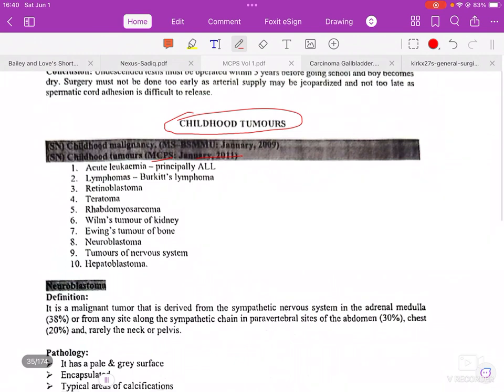These all are childhood tumors. It is commonly said as 'oma'. Lymphoma, one oma; retinoblastoma, second oma; teratoma, third oma; rhabdomyosarcoma, fourth oma; Wilms tumor, Ewing tumor of the bone, neuroblastoma, hepatoblastoma. So these all are childhood tumors.